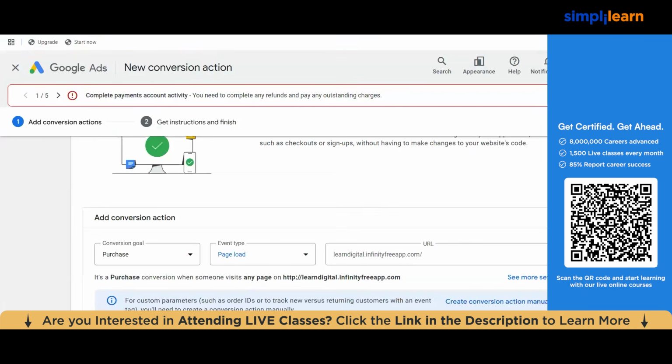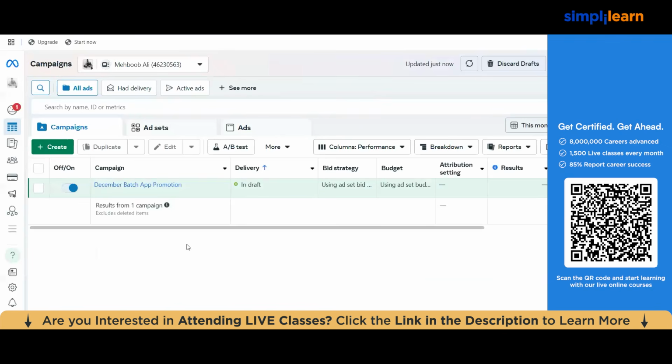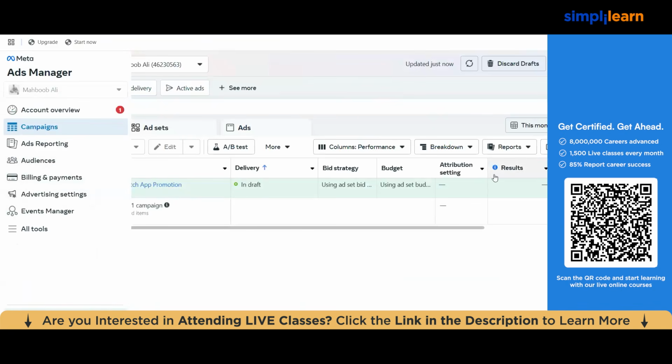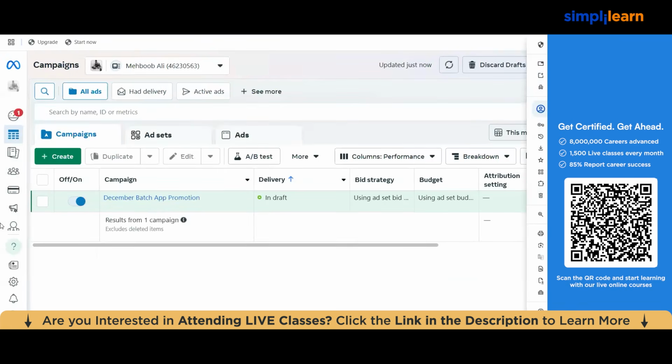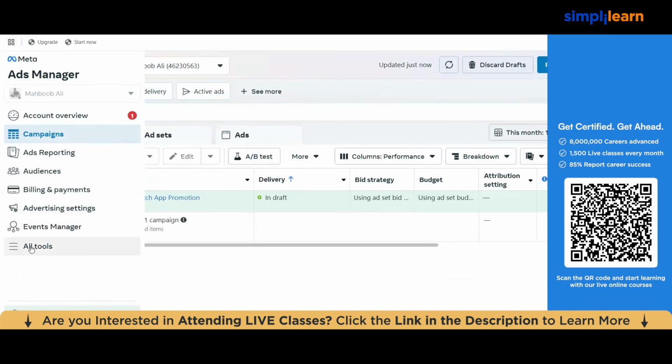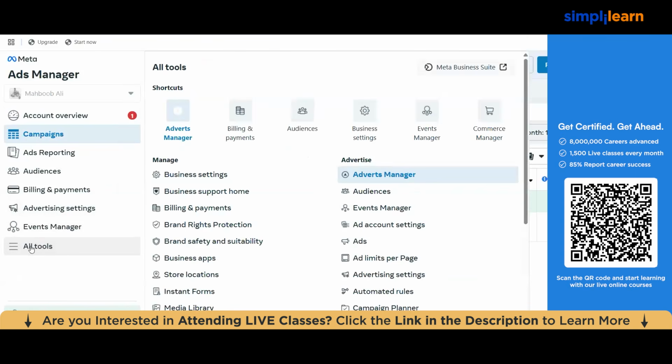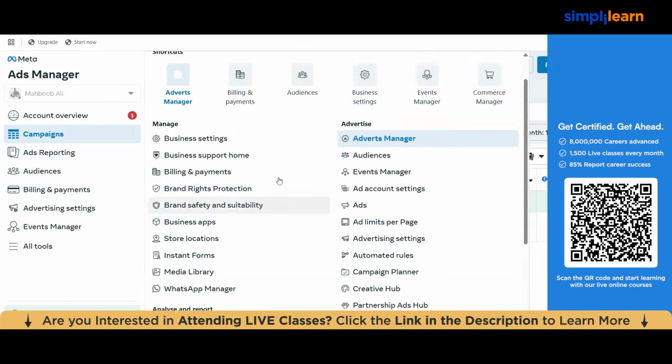So what we have to do is go here, and on this dashboard you'll find a lot of buttons. You have to find the section called All Tools. Maybe I'll zoom in a bit for you all. Click on All Tools, and then look for a section called Business Settings. Yeah, it's on the top.